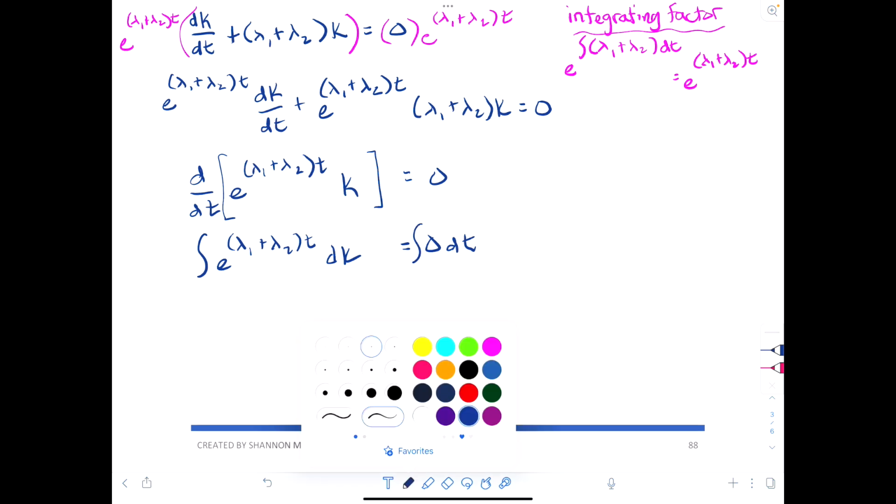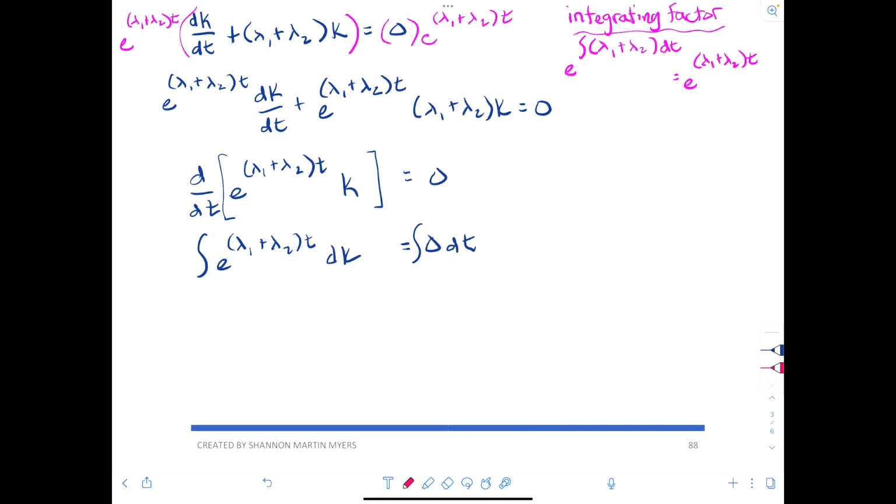Now, the integral of the left-hand side will be e raised to the quantity lambda 1 plus lambda 2 times t times K is equal to some constant C1.